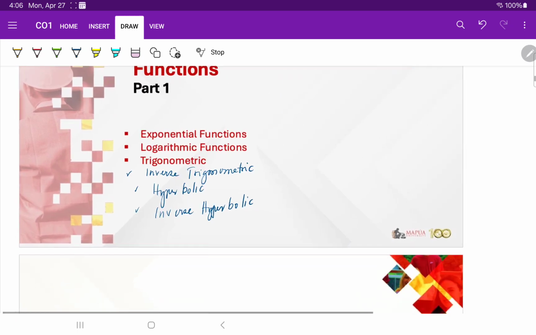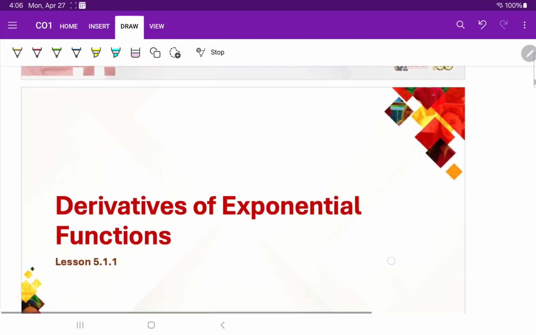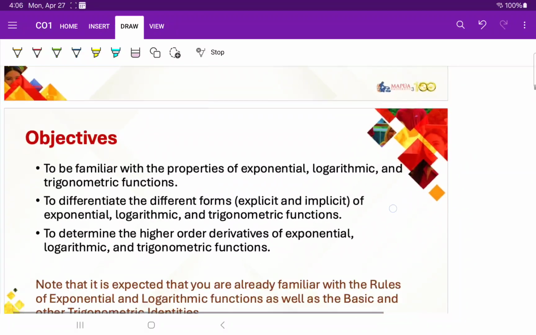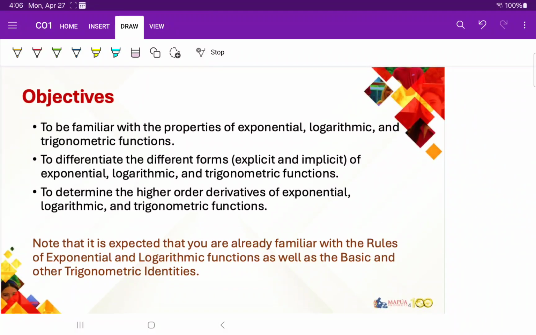Okay, so let's start with exponential functions. Again, we have here the objectives. It should be for you to be familiar with the properties of exponential, logarithmic, and trigonometric functions, which I know everyone is familiar with because you discussed exponential and logarithmic functions in Math 165 and trigonometric in Math 166.